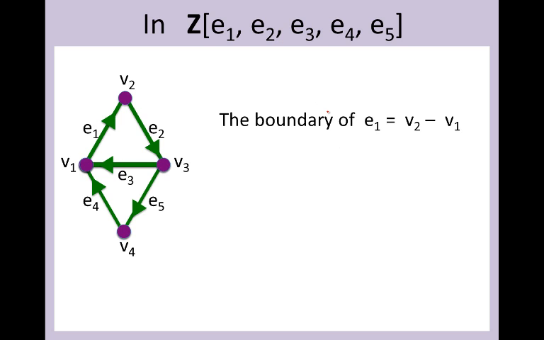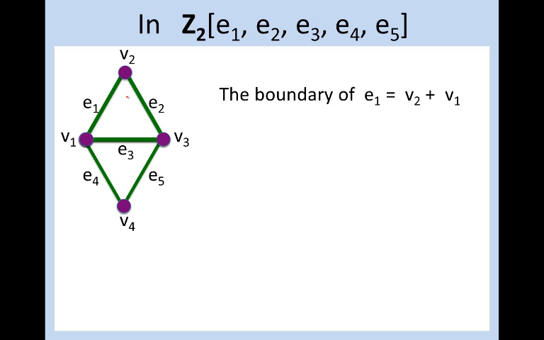With oriented edges, the boundary of E1 was V2 minus V1. We used the minus sign to denote that the edge E1 pointed from V1 to V2. With Z mod 2 coefficients, it's simpler. The boundary of an edge is just the sum of its 2 endpoints.